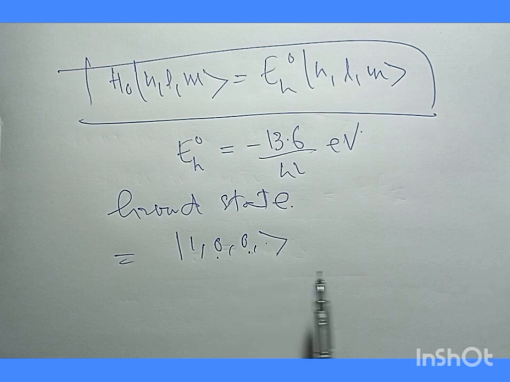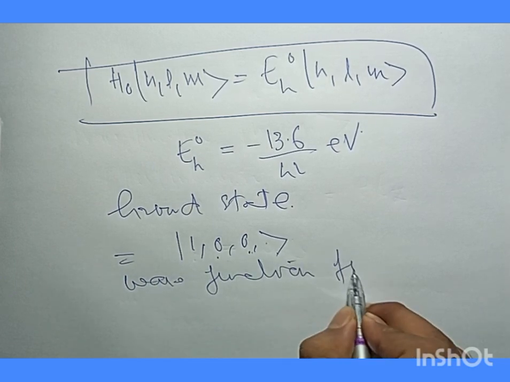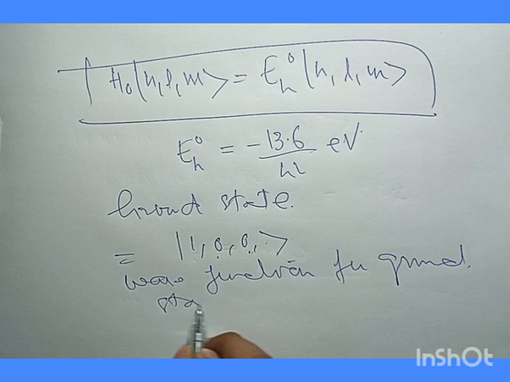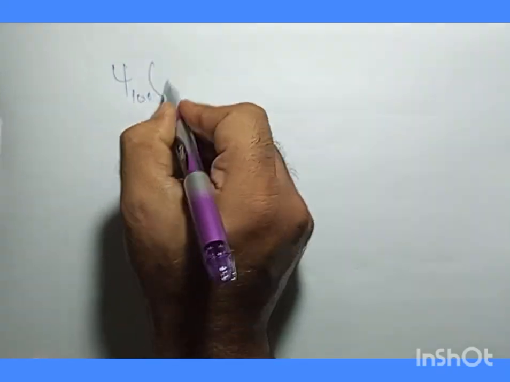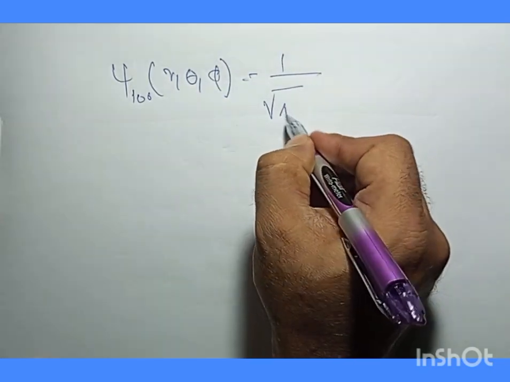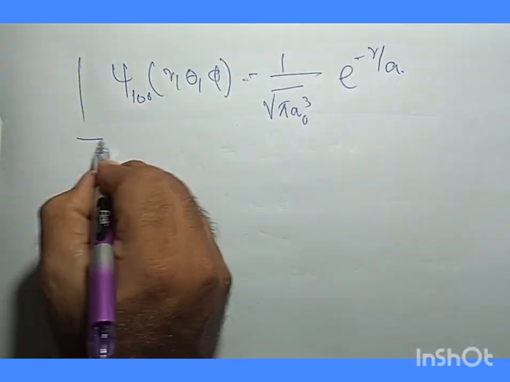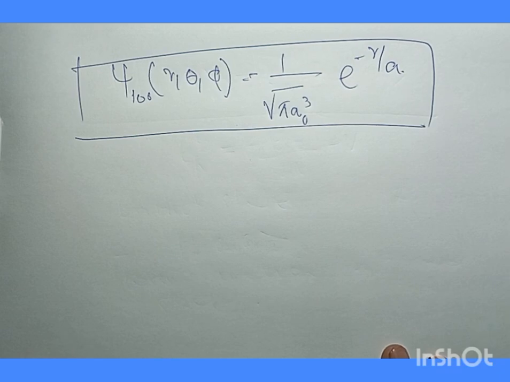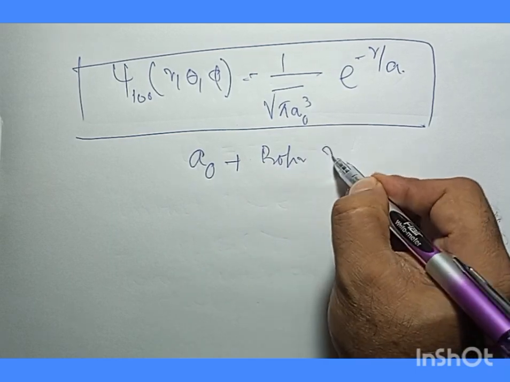We know the wave function for the ground state: psi 1, 0, 0 in spherical polar coordinates is 1 over the square root of pi a naught cubed times e to the power of minus r by a naught, where a naught is the Bohr radius.